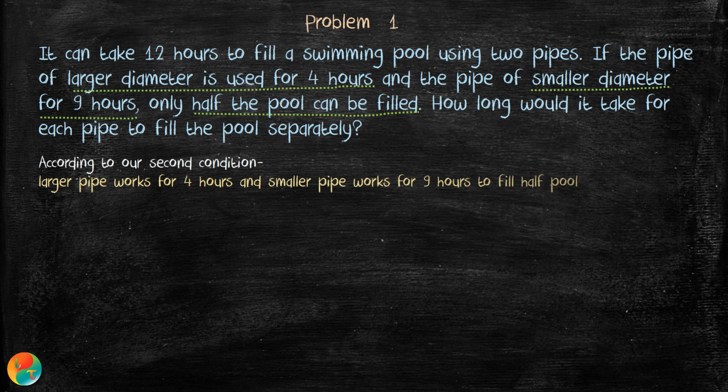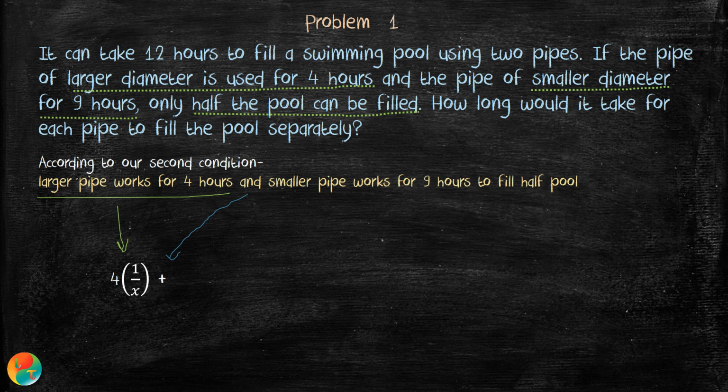According to our second condition, larger pipe works for 4 hours and smaller pipe works for 9 hours to fill half pool. If we decode this statement here, we'll write 4 into 1 upon x. It means in 1 hour the larger pipe was filling 1 upon x volume of pool. So in 4 hours it will fill 4 times this volume of pool alone.